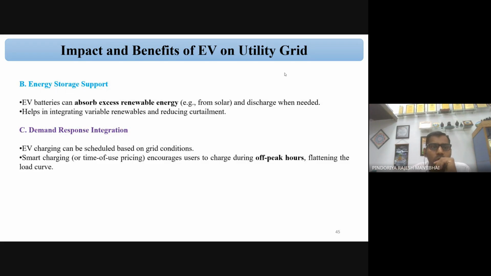Energy support: from solar, we can store and discharge when needed. It helps integrate variable renewable energy and reduce curtailment time. Demand response integration: depending on the demand, we can charge our vehicle and also feed to the grid. That is V2G technology.